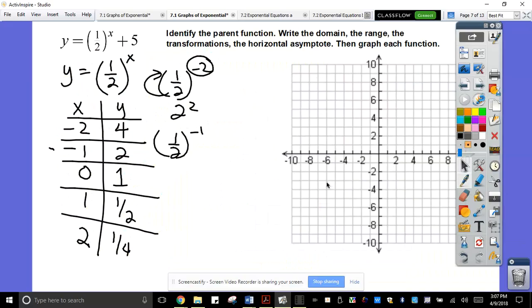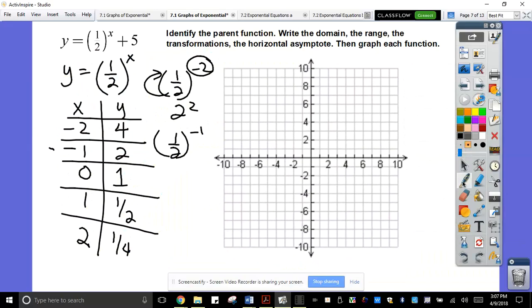If we graph that one, it will give us -2 to 4, -1 to 2, 0 to 1, 1 to 1/2, and 2 to 1/4.